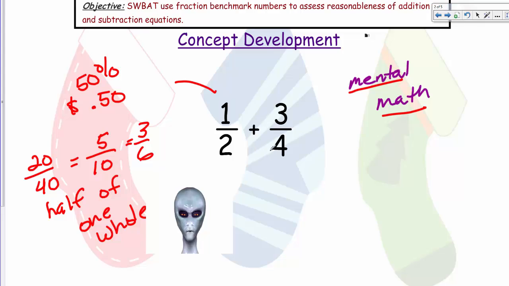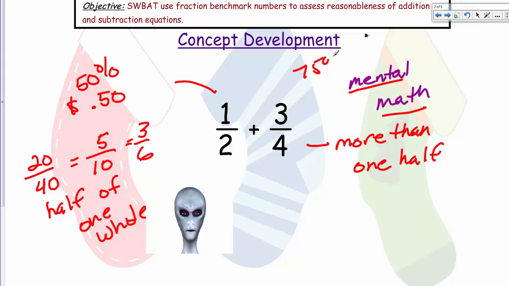Now, when I look at the 3/4, one thing I know is that 3/4 is more than 1/2. And also that it's less than 1 whole, and it's 75%, since I was using that.